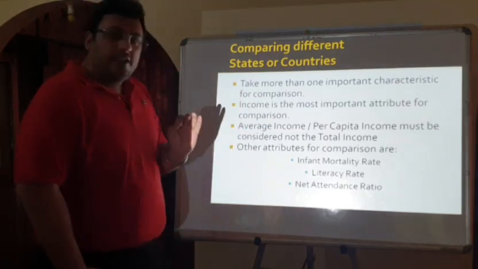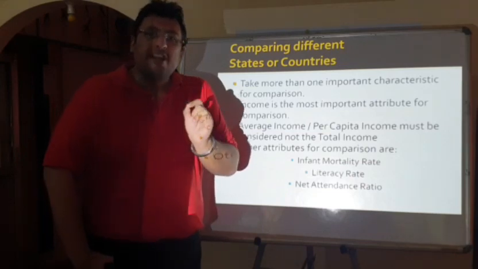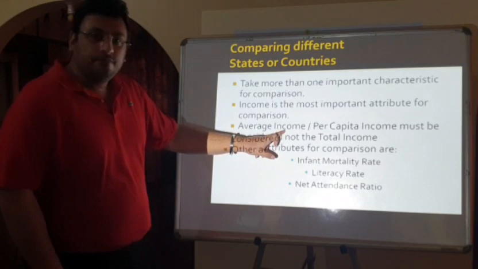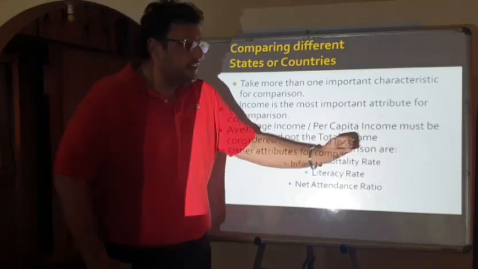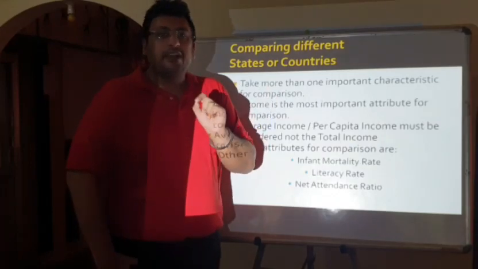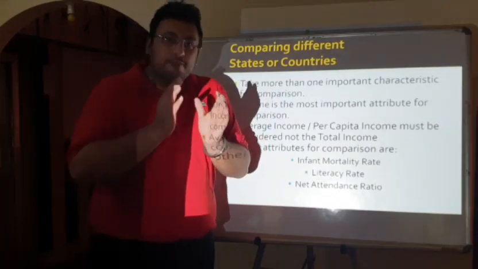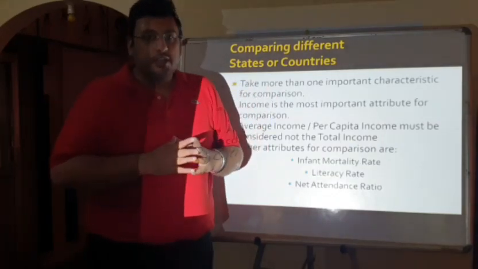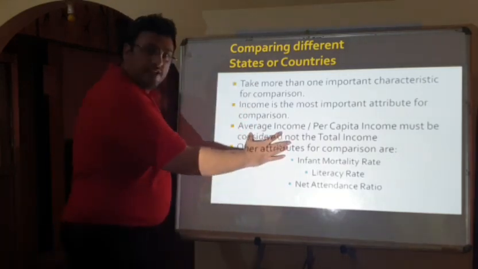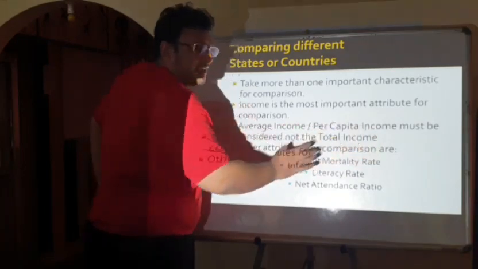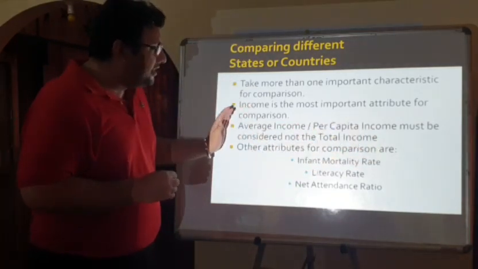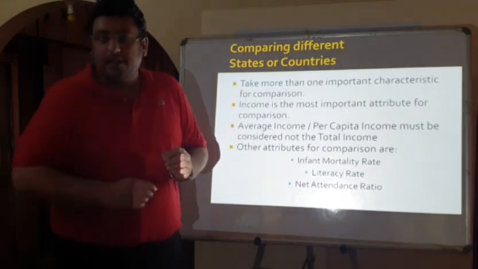In income, we will find an important concept, the concept of average income or per capita income. Total income we are not going to consider while comparing states or countries. Instead of total income, we will compare the average income or the per capita income of that state or country. Let us see in detail what is average income.